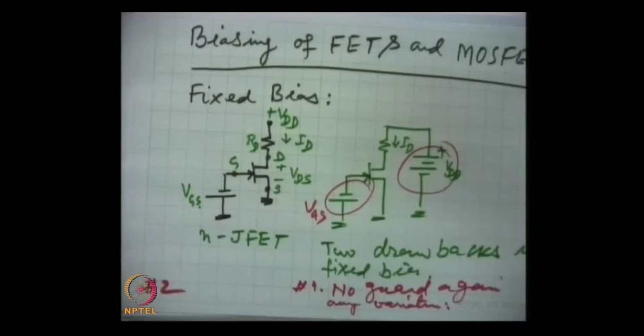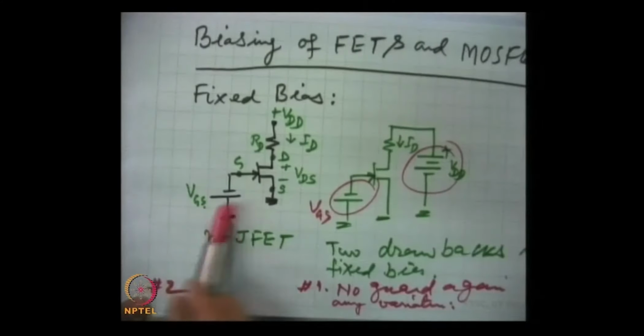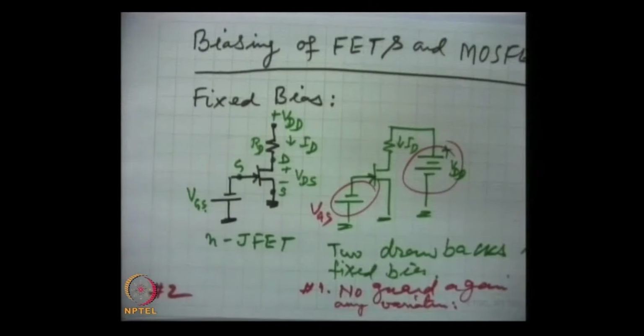Here the biasing voltage is independent of any kind of variations, either in the temperature of the circuit or in the device parameters. The most important device parameter is transconductance, which has some dependence on temperature, or it may change because of the aging effects. So, this is one reason. Another reason is the use of two batteries. So, fixed bias is not used.